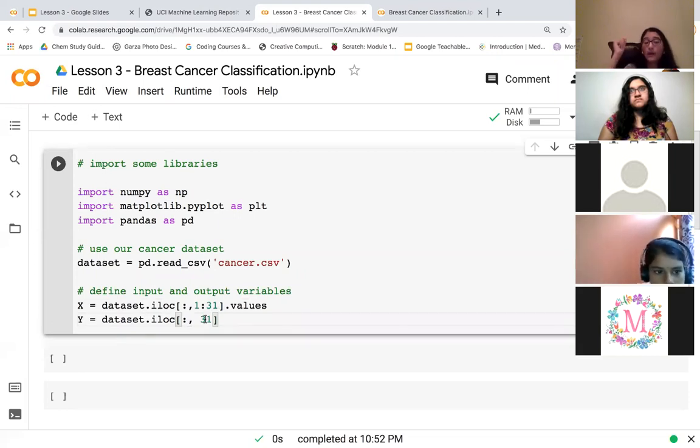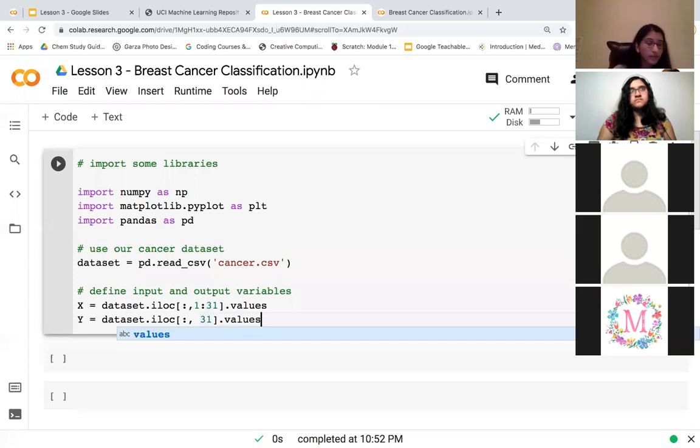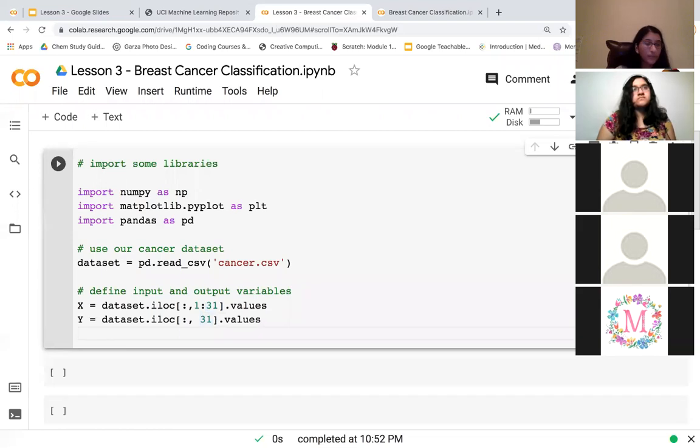That's the column that will tell you whether they have cancer or not. And for the 1 to 31 in X, the reason we have 31 there is because 31 will actually not be included. It will only go from 1 to the 30th column. That's the idea here. And then same thing, dot values. Then we'll look at what this actually looks like.